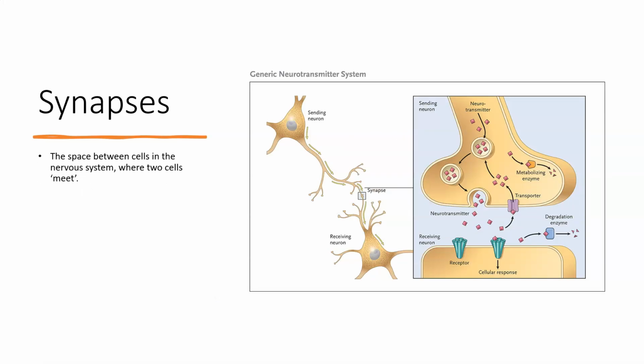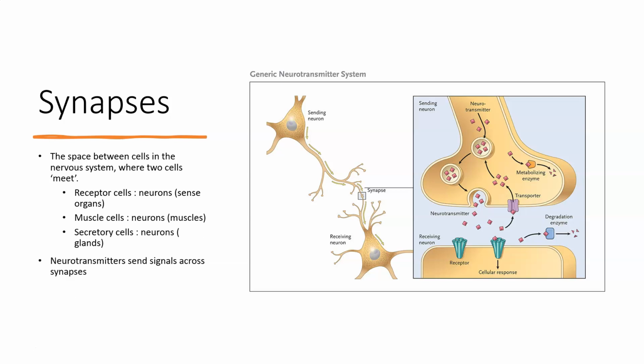As I said, a synapse is a space in between the cells where two cells meet. It can also be where a receptor and a nerve cell meet. To get the impulse across the synapse, we need to use these things called neurotransmitters.